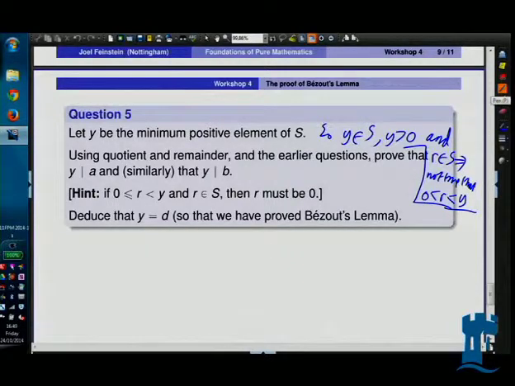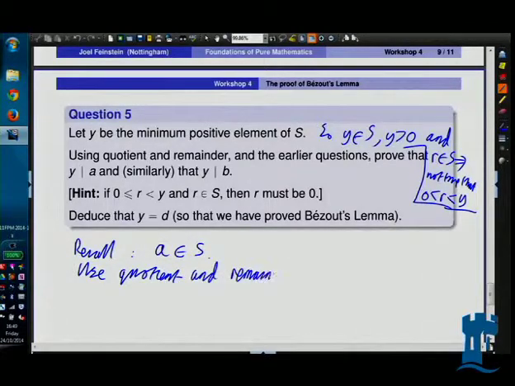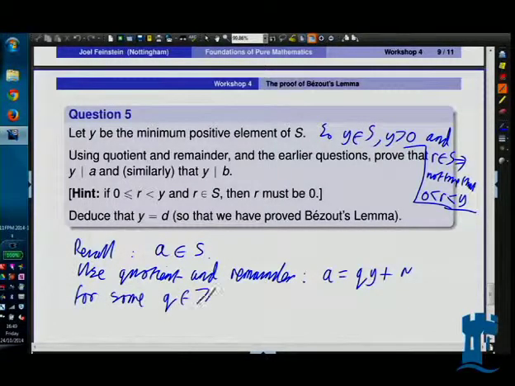So recall that A is an element of S. We know that. A is still the same A as before, but it is an element of S. We showed that earlier. Use quotient and remainder: A is equal to QY plus R for some Q in Z and R in 0, 1, up to Y minus 1.